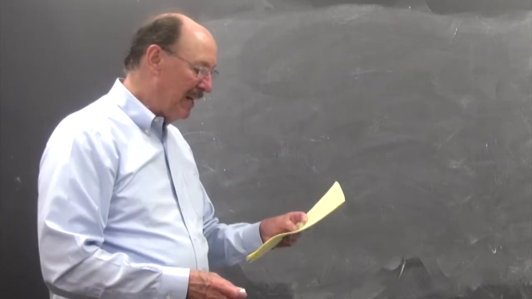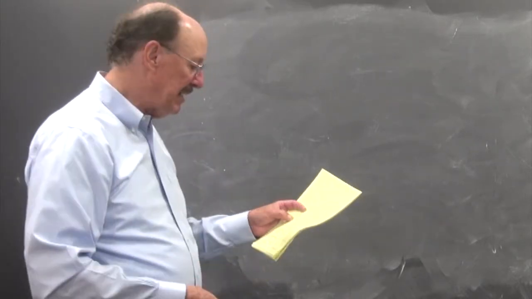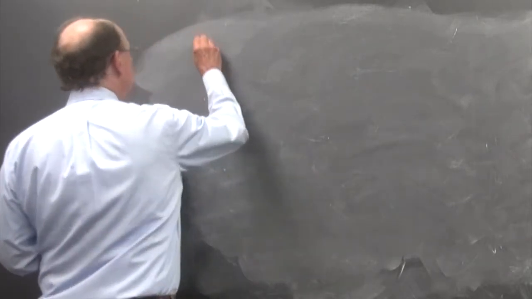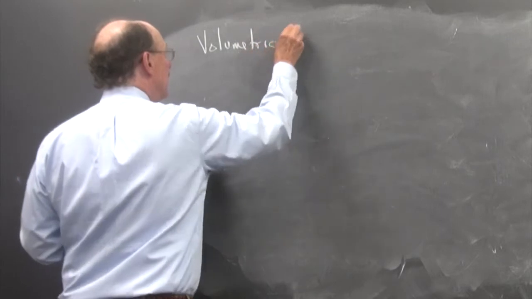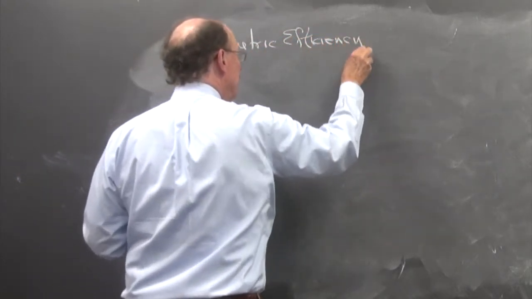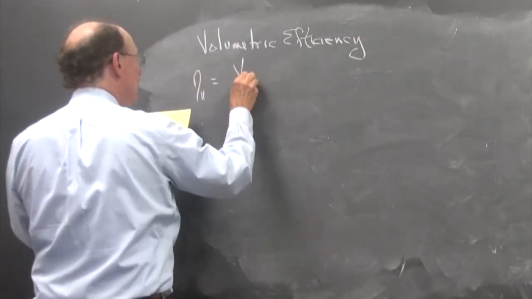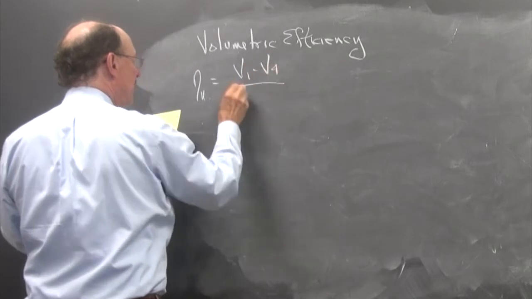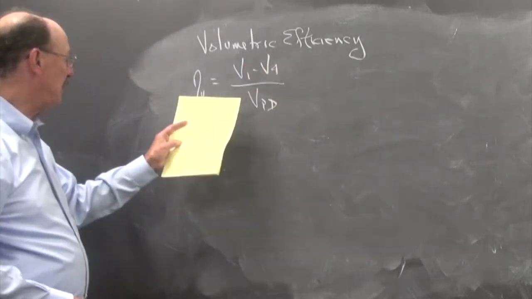We have something called volumetric efficiency, which measures how effective the intake volume is. Let's look at that. It's important for reciprocating devices. So with volumetric efficiency, eta sub V is equal to V1 minus V4, the actual intake volume, over the piston displacement.